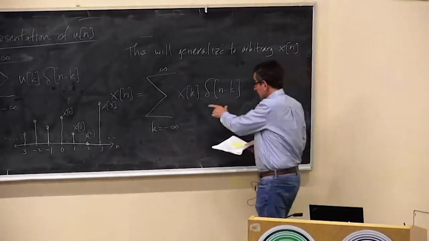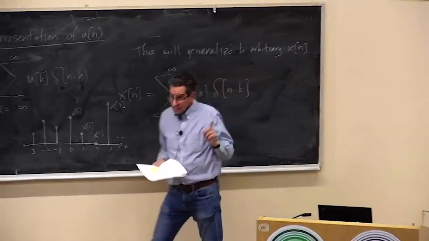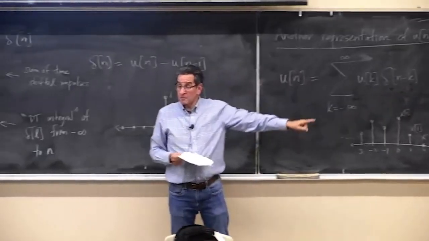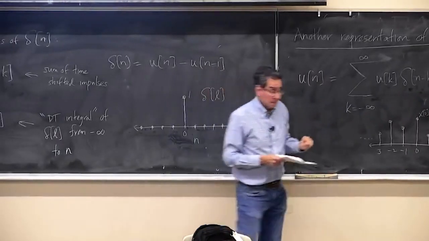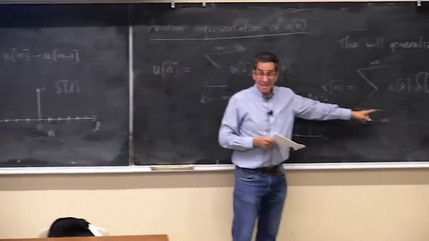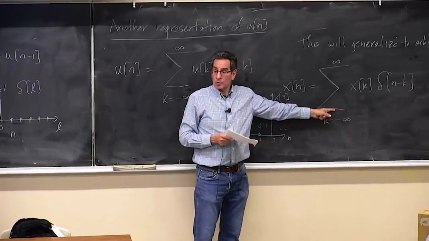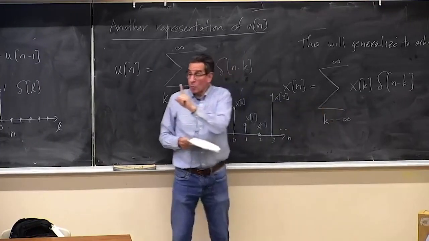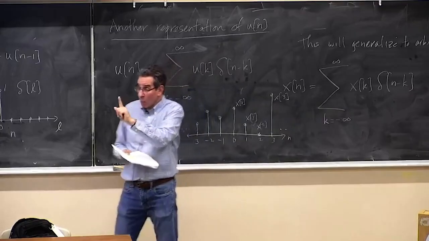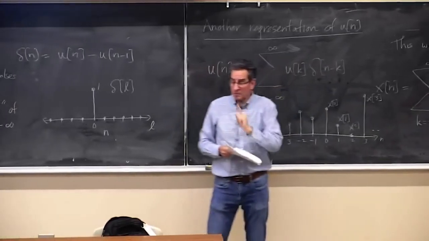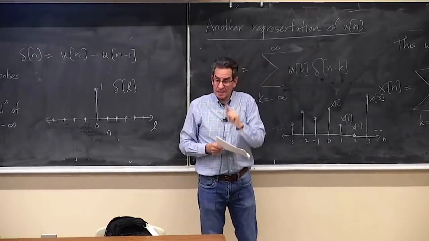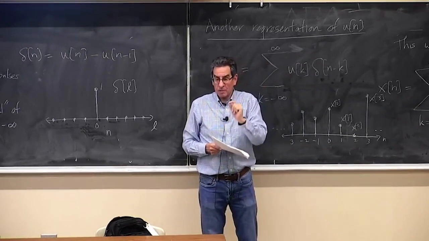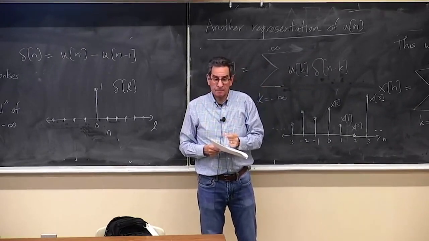And the reason, again, this is going to be important is because when we put a signal like this through a linear time invariant system, we're going to be able to say exactly what the output of that system is by knowing only one thing. You only need to tell me one thing about that linear time invariant system, and I can tell you exactly what the output will be for every discrete time input that you put in.